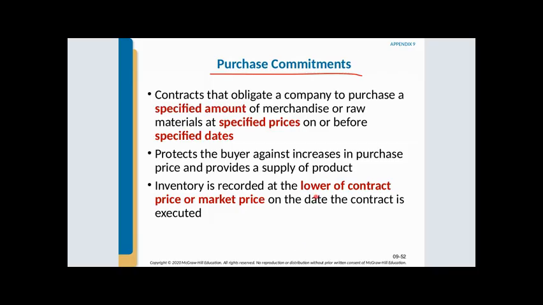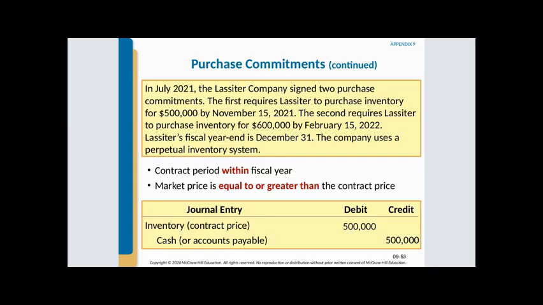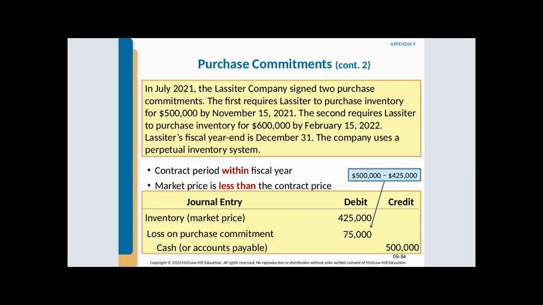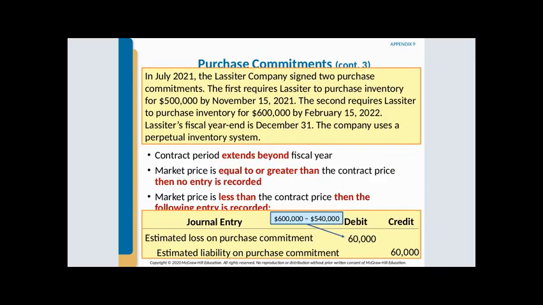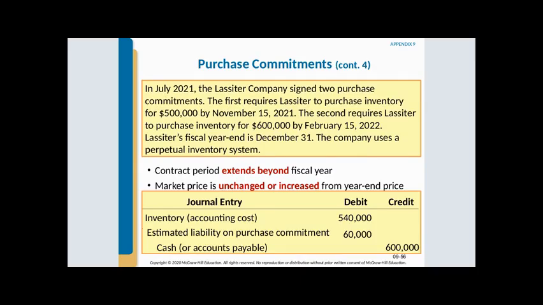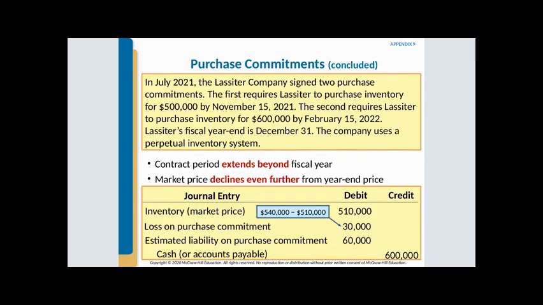And so it's going to affect the journal entries when we actually have that item and the fair market value of the item differs from the fixed amount that we have in our contract. So sometimes if the market price is lower, we are going to have to recognize a loss on the purchase commitment. Okay, so that's pretty much it.